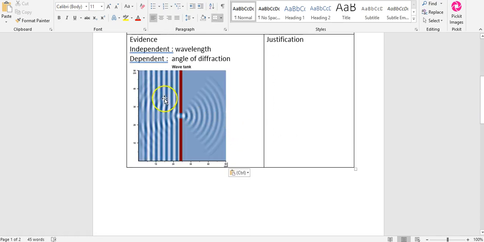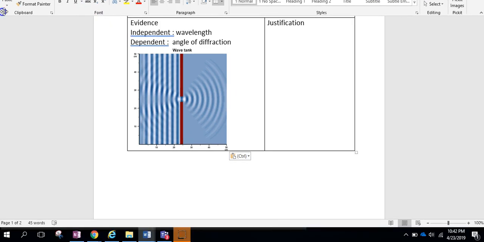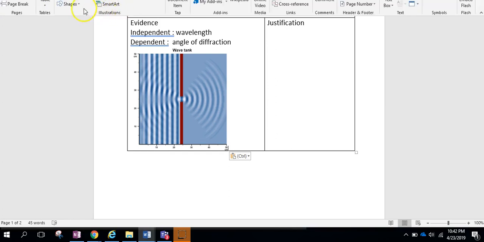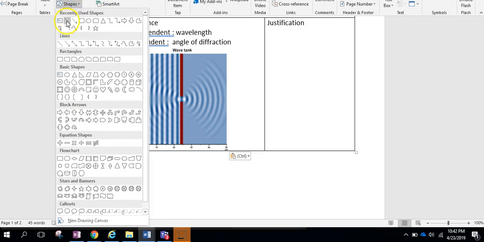So how do I know the wavelength is 3 centimeters? And how do I measure the angle of diffraction? I'm going to use a shortcut in here: insert shapes.